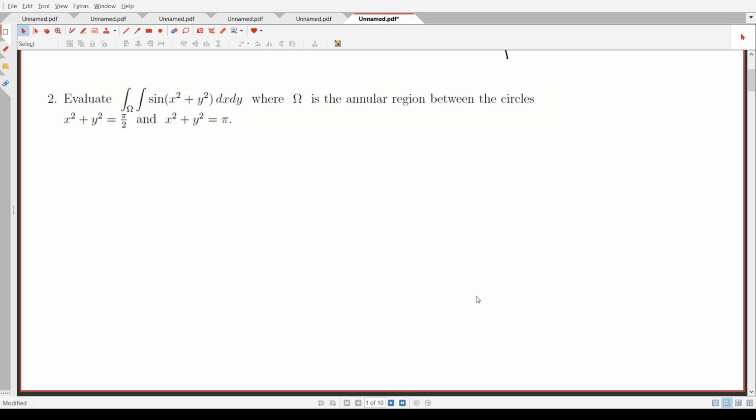Okay, evaluate sine of x squared plus y squared dx dy, where omega is the annular region between the two circles. So real quick question. Should I use polar, cylindrical, or spherical?